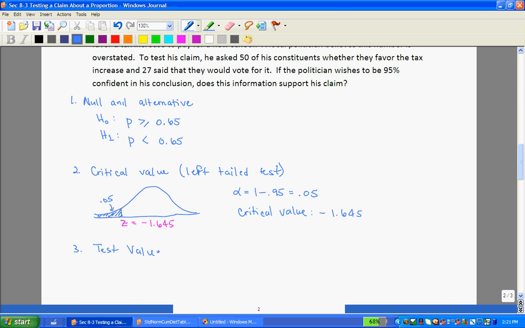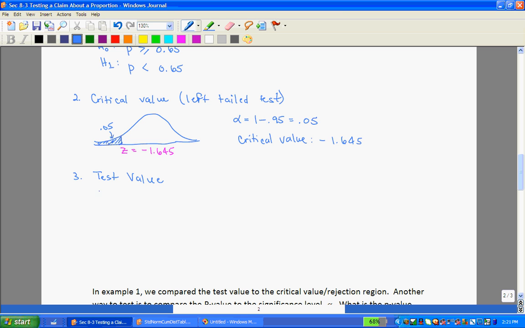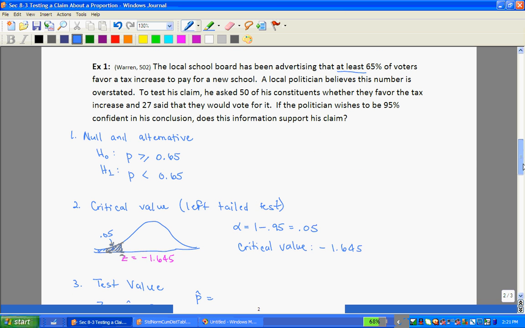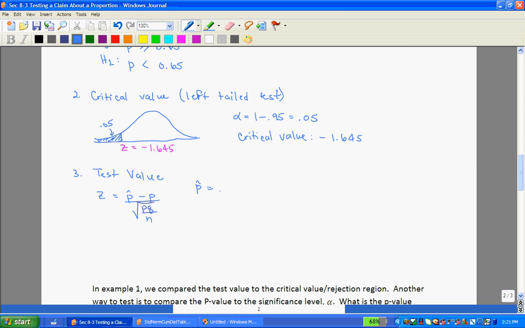So our test value for a proportion says that z is equal to p hat minus p over the square root of pq over n. Well, p hat comes from the sample that the politician took. And he talked to 50 of his constituents, and 27 said they would vote for the new tax increase.